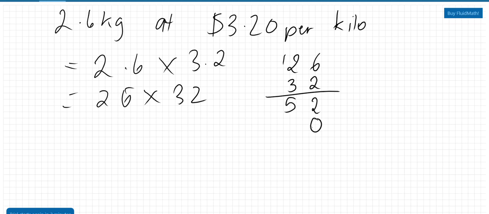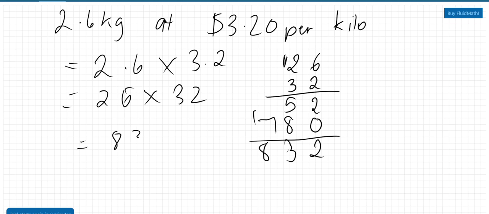Okay, next column, add the 0 because we're in the tens column. 3 times 6 is 18, put the 8 down and carry the 1, there's the 1 there already. And 3 times 2 is 6, plus 1 is 7. Let's add this together. So I have 2, so 8, 9, 10, 11, 12, 13. And 7 plus 1 is 8. Okay, so I end up with 832.